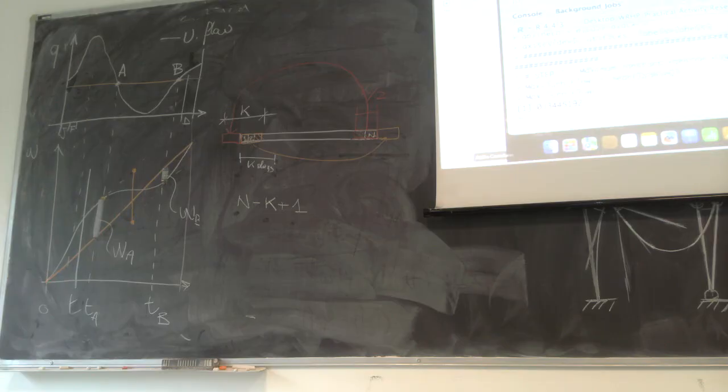Then, of course, we have to multiply by 1 million because volumes were in millions of cubic meters. Let's try to launch only this piece. We obtain exactly the same number.